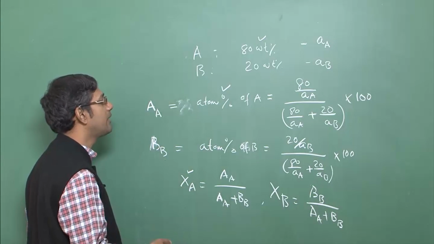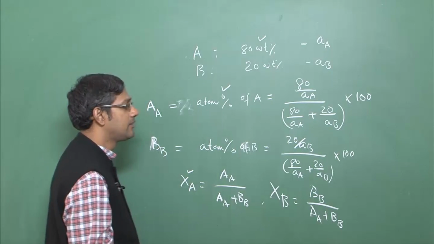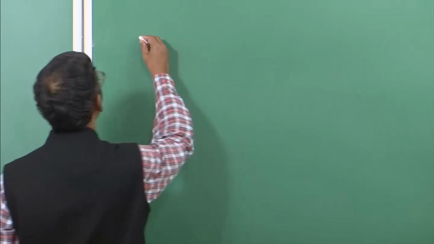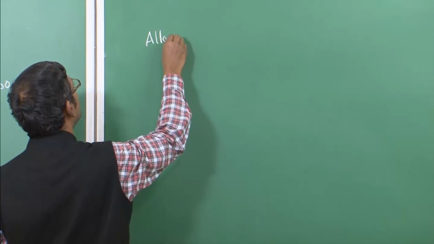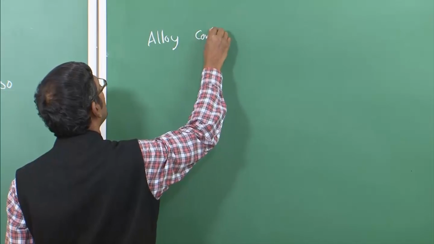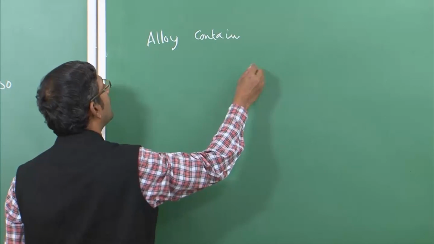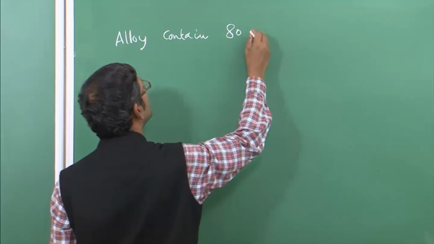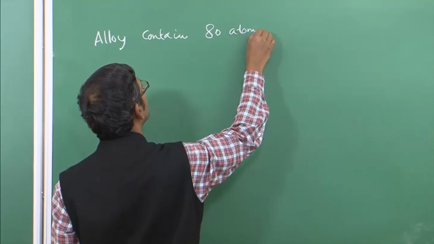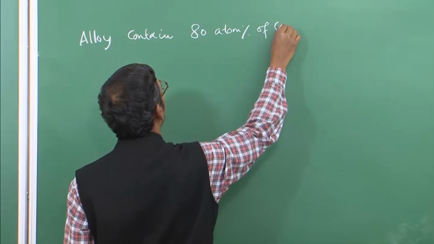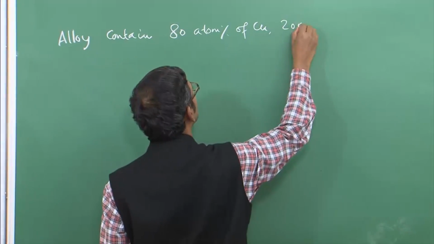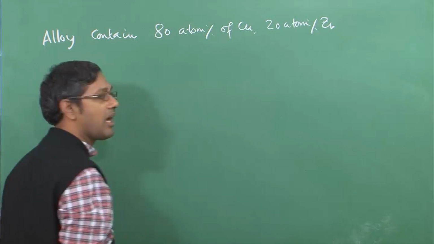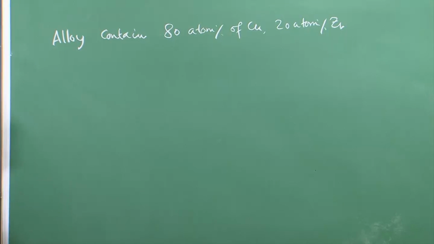So you have to convert them from one to the other, and we can solve a simple problem here. Suppose an alloy contains about 80 atom percent of copper and 20 atom percent of zinc, and you have been asked to convert this data to weight percentage.